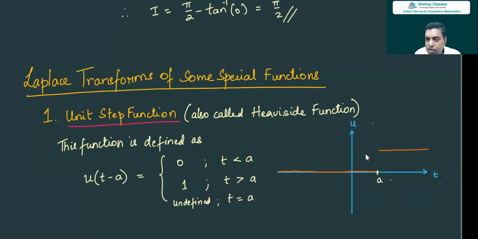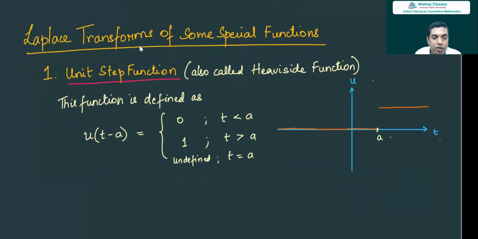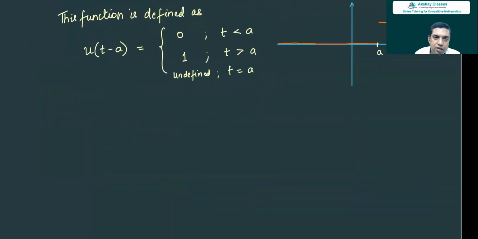It is like a step, a jump, and this is also called as the Heaviside function. Now, very important here, A has to be a non-negative constant.